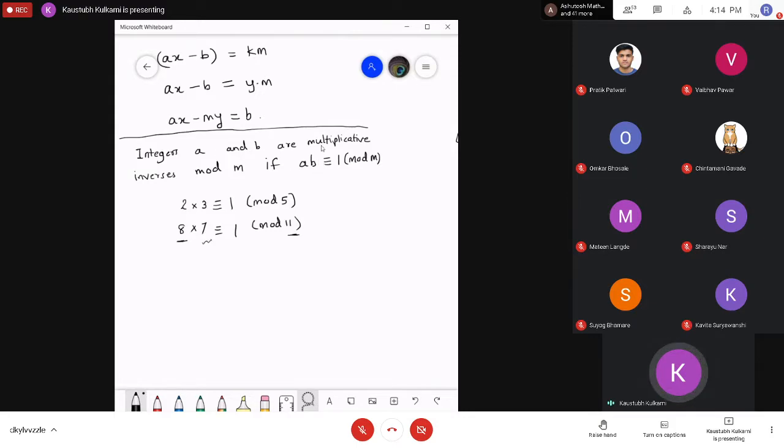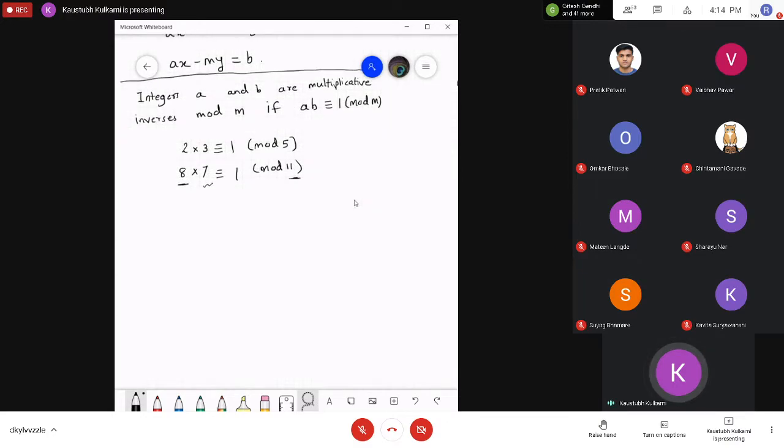A and B are multiplicative inverses of each other mod M if AB is congruent to 1 mod M. For example, 2 times 3, which is 6, is congruent to 1 mod 5, therefore 2 and 3 are multiplicative inverses. Similarly, 8 and 7 are multiplicative inverses mod 11.